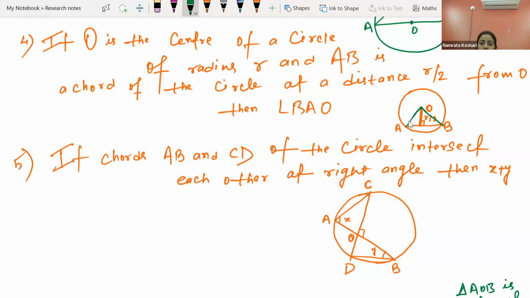If chord AB and chord CD intersect each other at right angle, then x plus y.